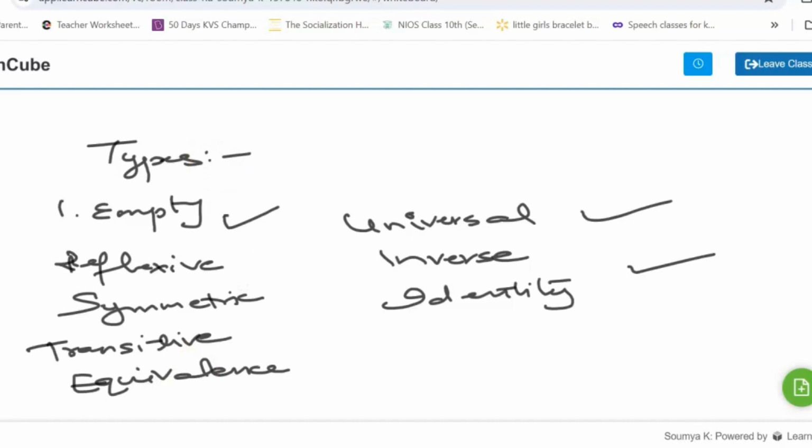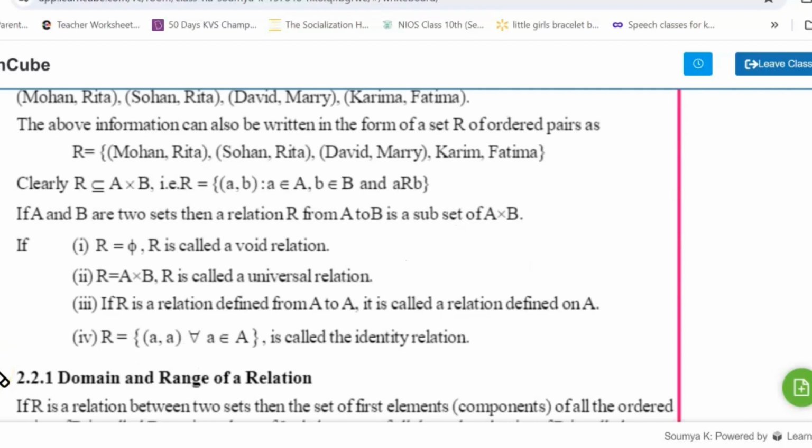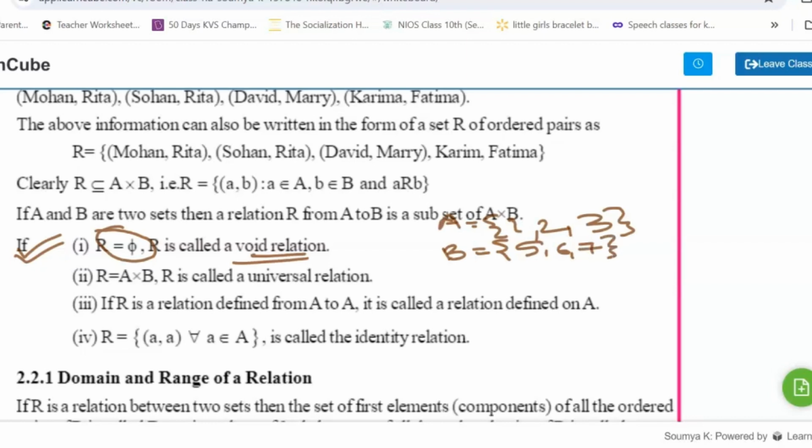Let's go to the chapter. So we are here, relation topic. Now the first kind of relation is void relation or empty relation. What it means is, if the relation is empty, that means no relation exists between set A and B. For example, set A having elements 1, 2 and 3, set B having elements 5, 6 and 7, and a relation between x and y where x plus y is equal to 22.